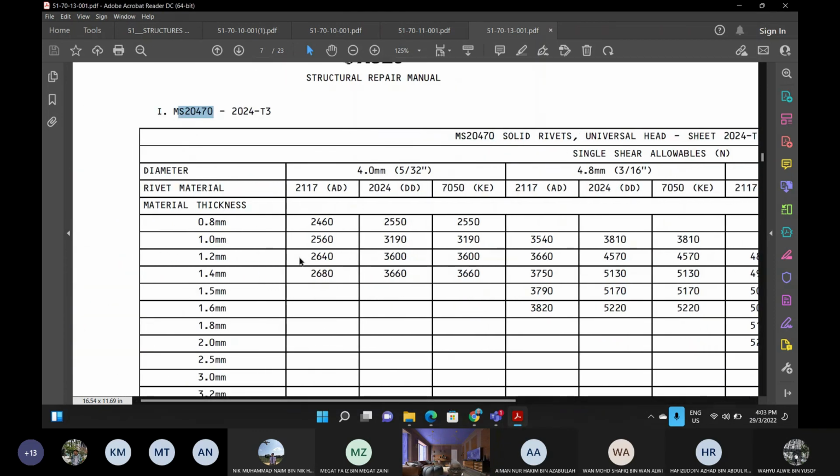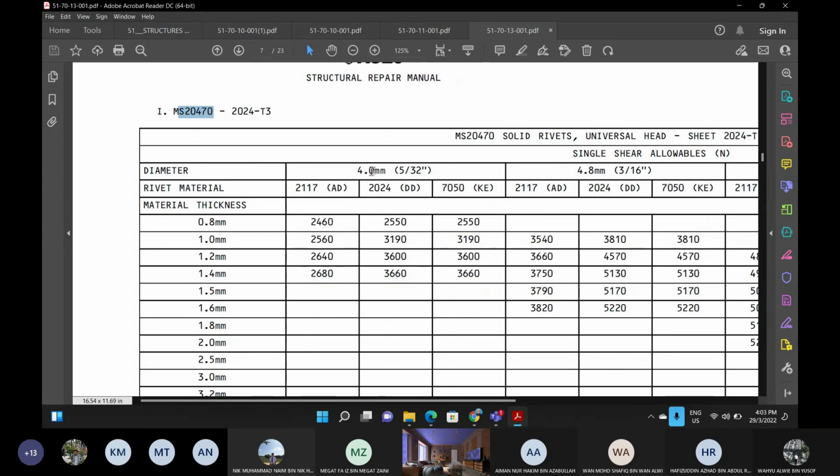So for the rivet in the 2024 sheet, this is the strength for AD, DD, KE. I think you learned already what is AD, what is DD. The rivet type with the material 2117 is AD, 2024 is DD. So for this, you can see for each thickness, that is the strength for the rivets.